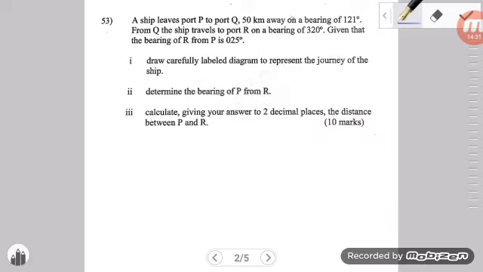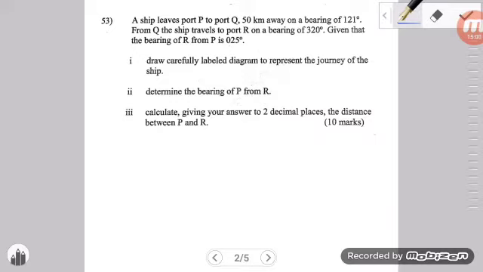From Q, the ship then travels to another port, which is now called port R, where port R is on a bearing of 320 degrees. And the location of R is going to be based on the fact that the bearing of R from P is 25 degrees.